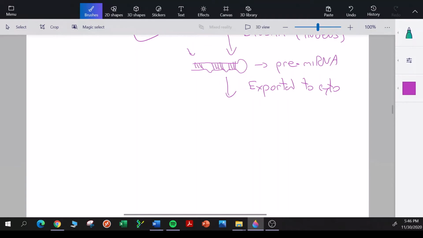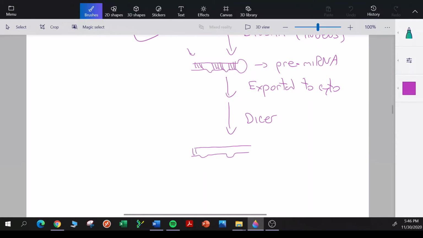And when it's in the cytoplasm, Dicer, just like Dicer does to long double-stranded RNAs, will process this pre-microRNA into something that looks a lot like an siRNA.